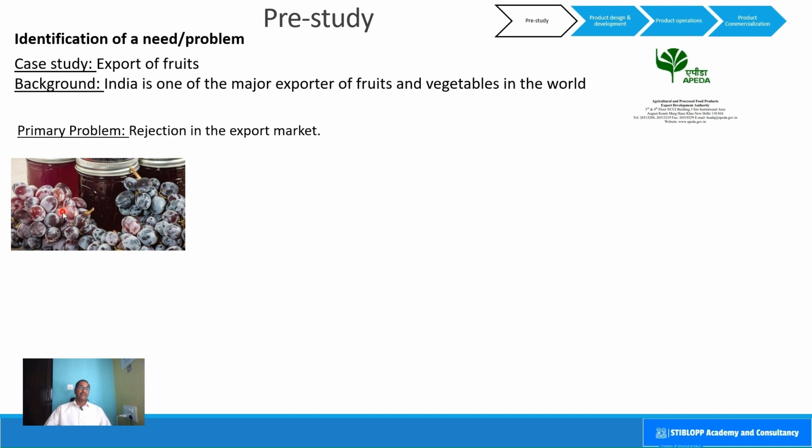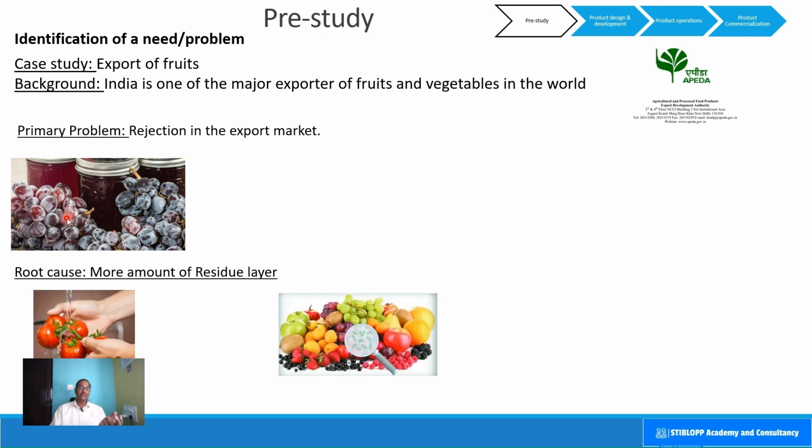Because it has a very high amount of residue on its outer surface. Okay. So what is the root cause for this? It is not washed properly. Or even if it is washed properly, still there is some amount of pesticide residue that is left out, which is very hard to detect manually. Okay, so this is the root cause for this primary problem.